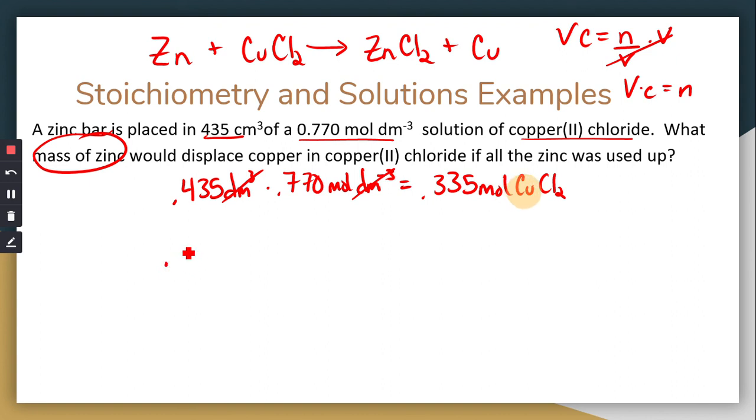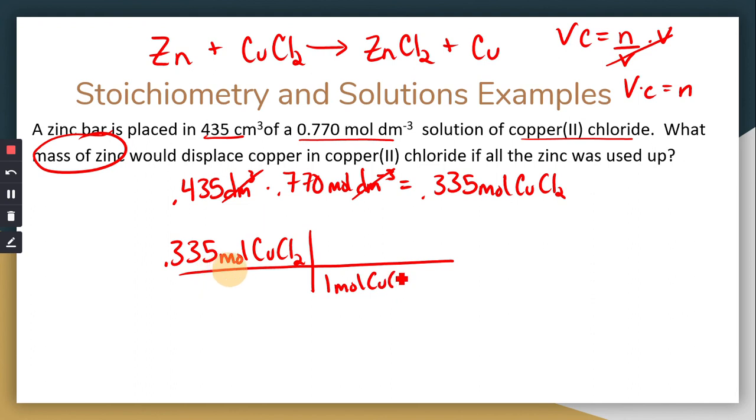And then we can use our balanced reaction and we can just do a conversion. 1 mole of copper chloride is 1 mole of zinc. So remember, we have to show that mole ratio to go from copper to zinc. Even though mathematically it doesn't do anything, you do need to include that.